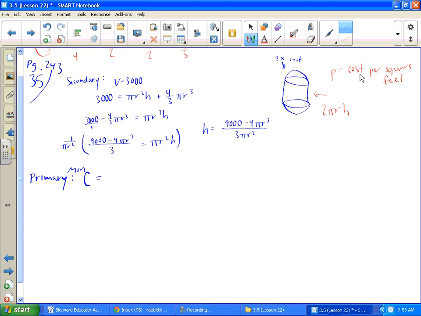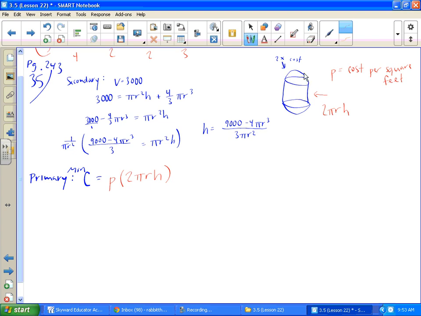Then don't I have to multiply that by the cost per square foot? Okay, so my cost here is going to be P times 2 pi RH. So any questions on the cost? That's just for the middle part, right?